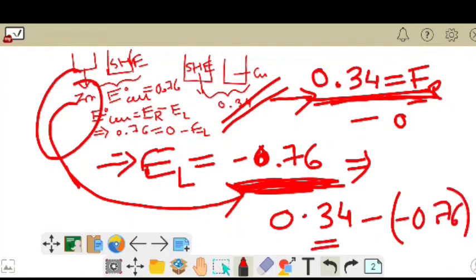If you calculate, you will get 1 volt. So this is the EMF of the Daniell cell, because we are calculating for the Daniell cell, so 1 volt is the value. Is it clear? So all this will be calculated in terms of volt.